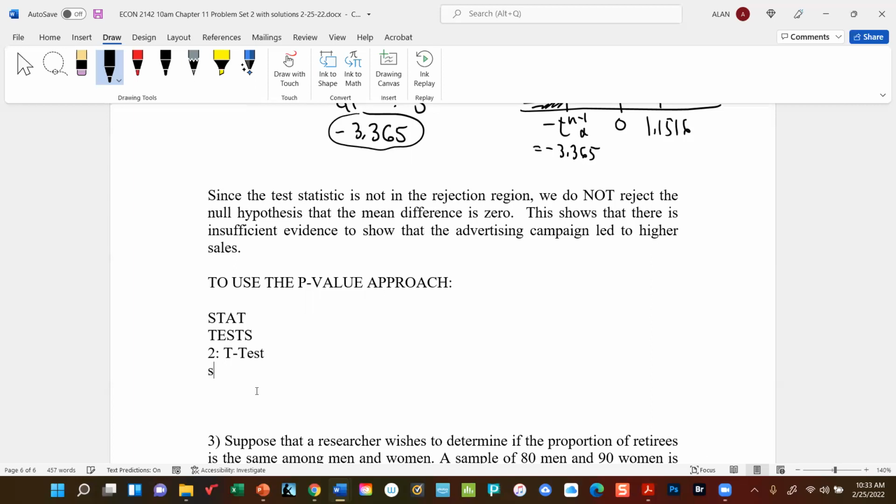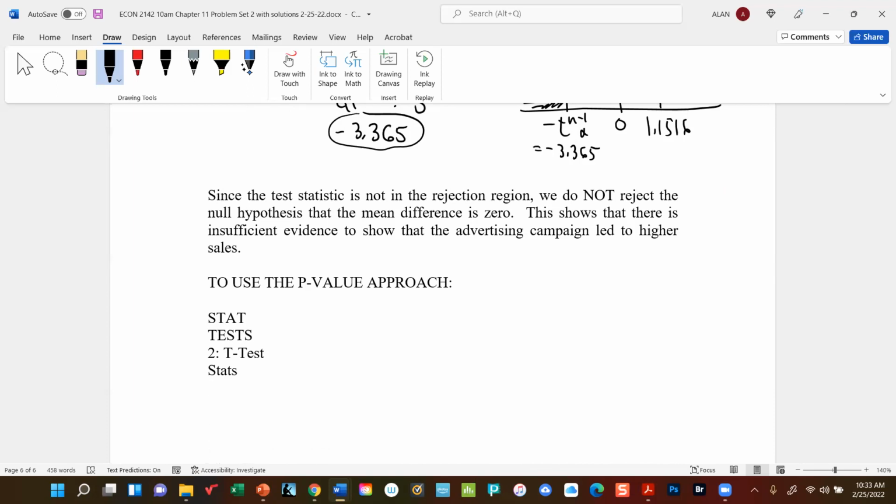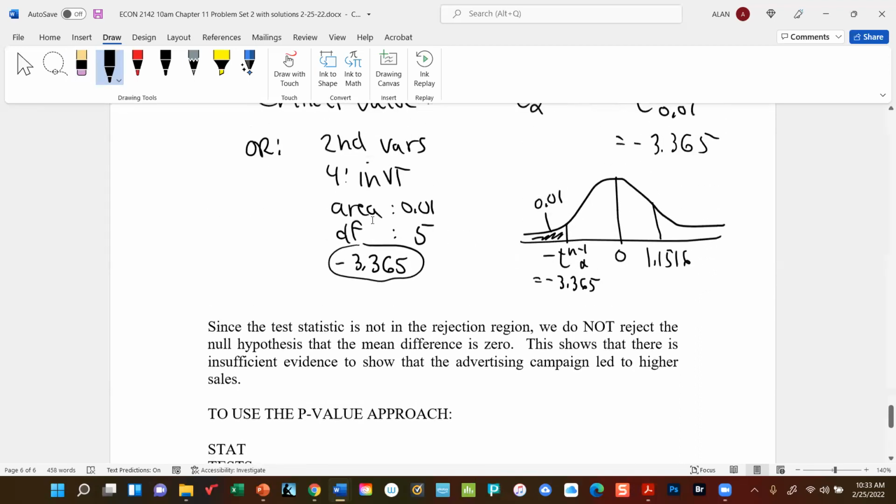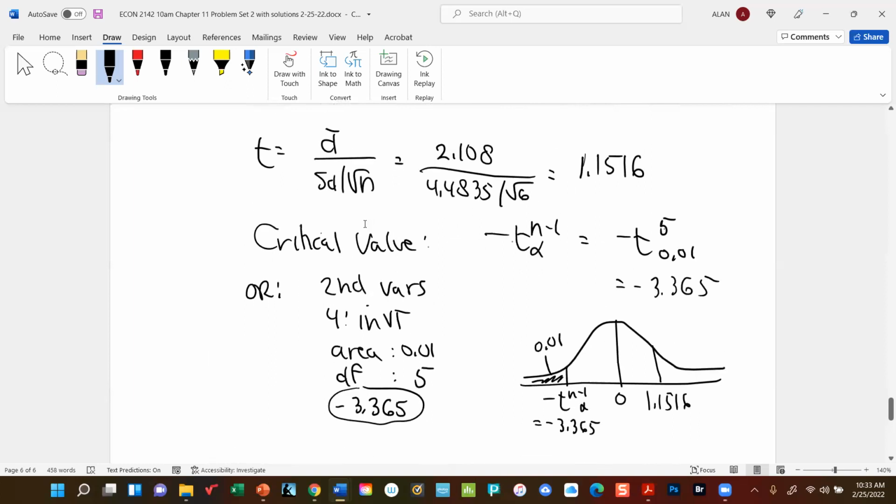If you use stats, you've got mu0 is 0. Leave that at 0, of course. And then it asks you for X bar. If you notice, it's already there. How does it know that? Because we just got through calculating these numbers and we haven't done anything in between.